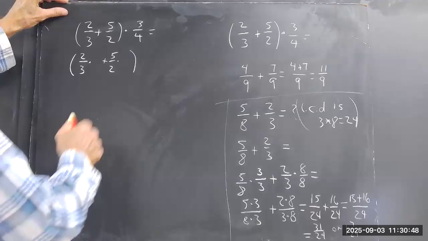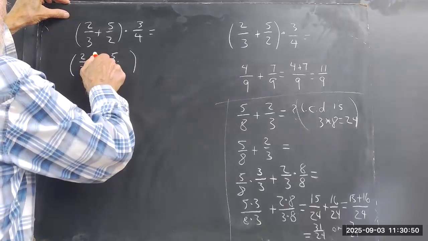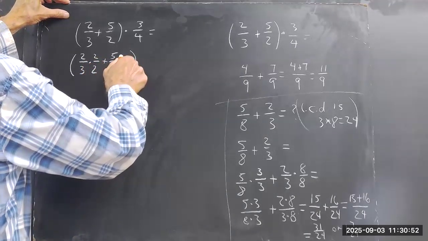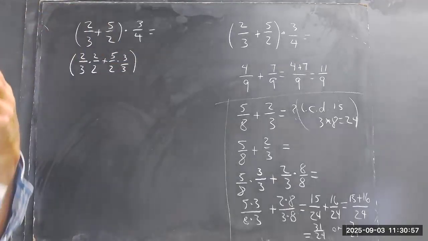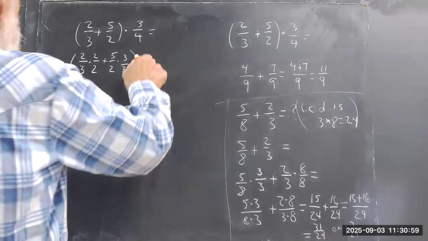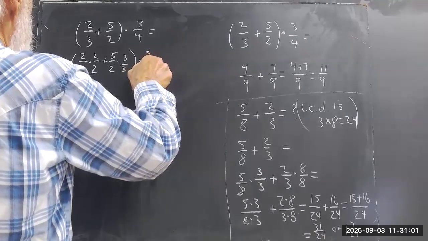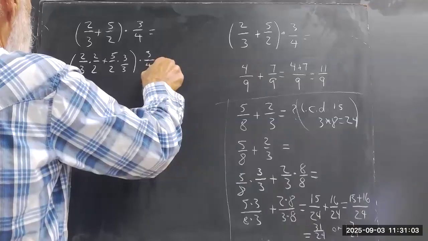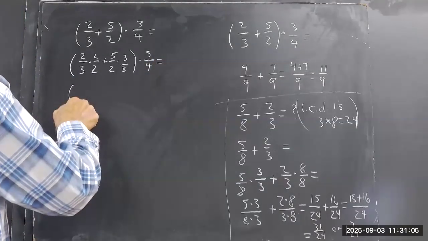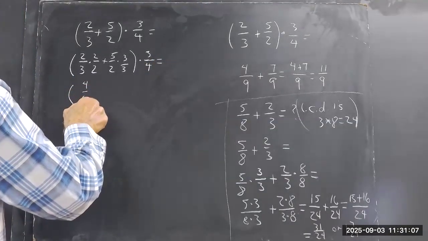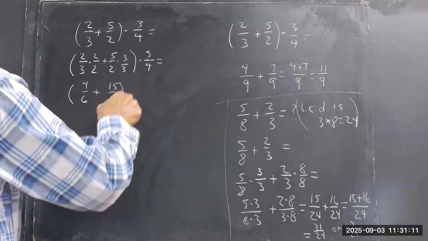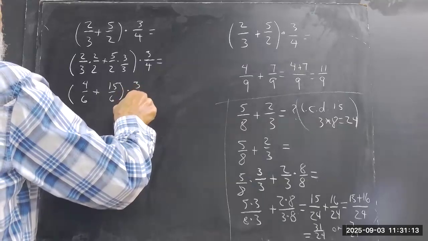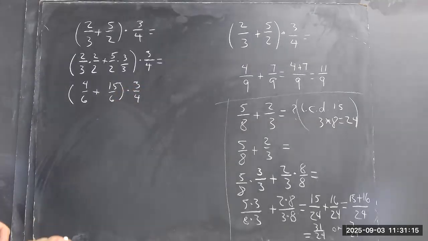And it turns out I just have to multiply this one by 2/2 and this one by 3/3. Again, we want to see that step, and then multiply by 3/4. So now that gives me 4/6 plus 15/6 multiplied by 3/4.